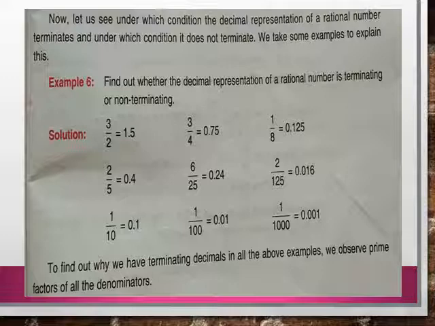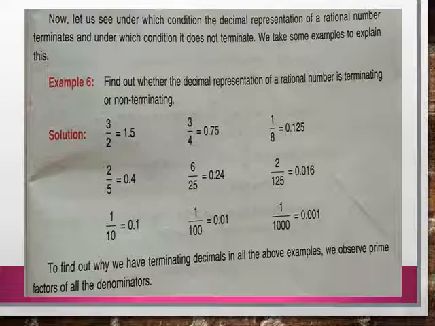Find out whether the decimal representation of a number is terminating or non-terminating. So if you see here, 3 by 2 is equal to 1.5. 3 by 4 is equal to 0.75, means no bar is there, no dot is there, means this decimal is a terminating decimal.